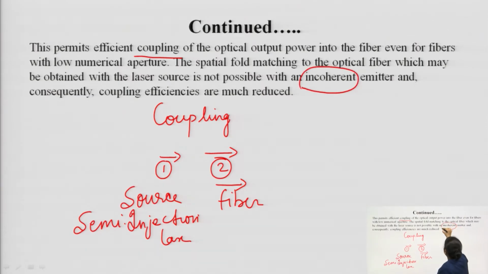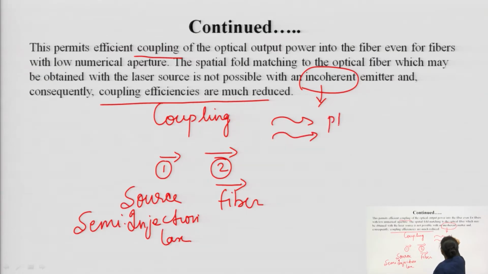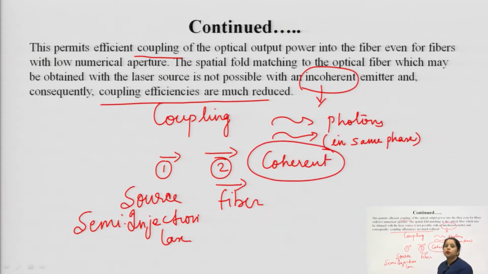When we use the incoherent one, the coupling efficiency can be reduced, but we have already seen that due to the presence of photons in the same phase, we are able to achieve the coherent condition in the case of a laser. So, coupling efficiency is much improved in the case of a laser as compared to any other incoherent source, for example, LED.